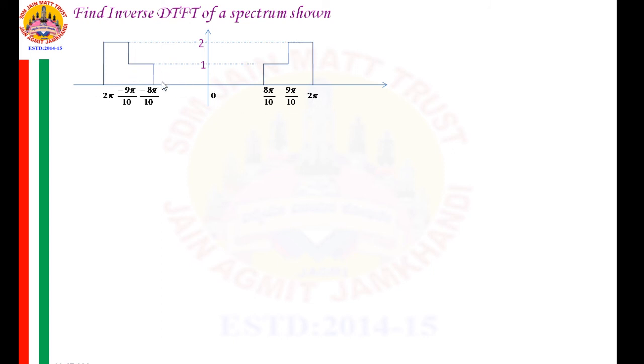So you observe that this amplitude is equal to 1 from minus 9 pi by 10 to minus 8 pi by 10, as well as from 8 pi by 10 to 9 pi by 10, and from minus pi to minus 9 pi by 10 and 9 pi by 10 to pi, this amplitude is 2.